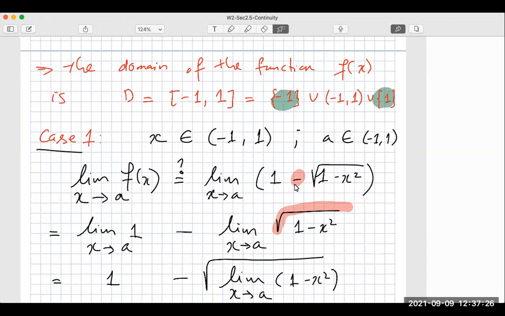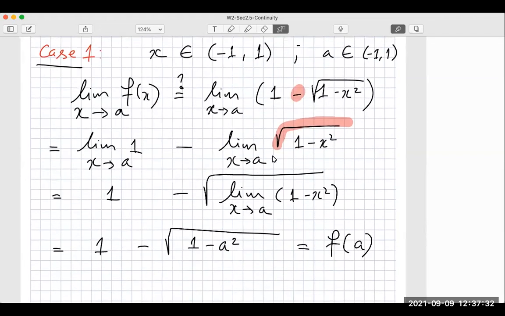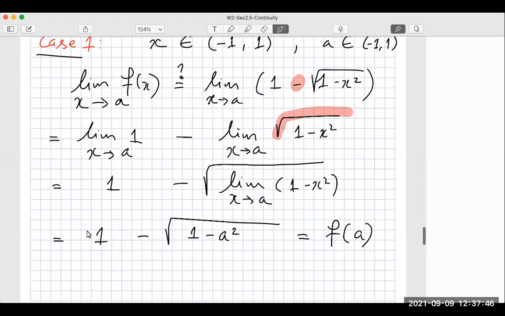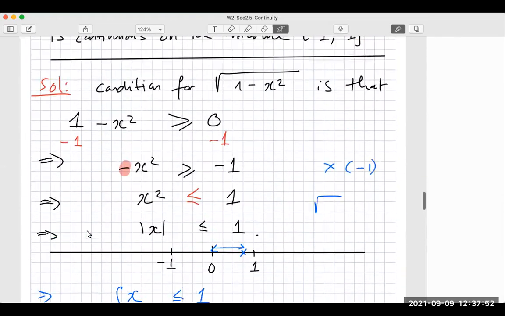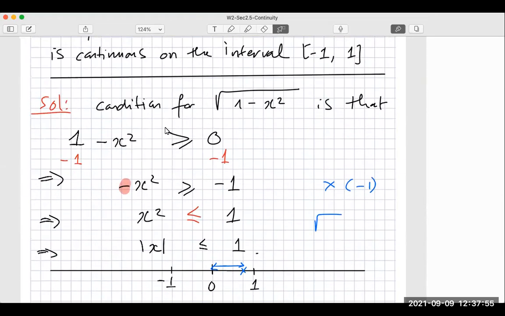It will be the limit of a constant, subtract the limit of the radical sign. Then, this is a radical sign, so we can use the law related to that term. Then we can take the limit under the radical sign and compute it. And here we got this term. It is exactly the definition of the function at the point a, right?